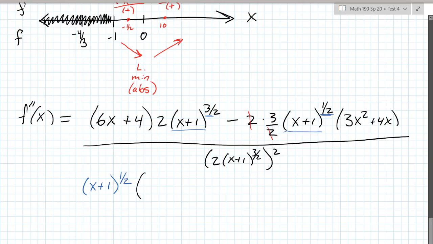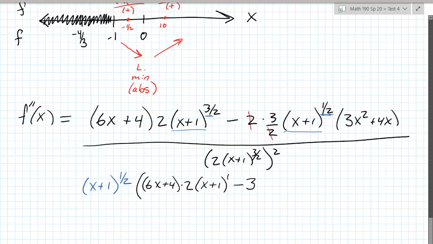Well, we've got 6x plus 4 times 2 times x plus 1 to the first. Note that the powers, when we add those up, we end up with 3/2, which is what we want, minus 3.